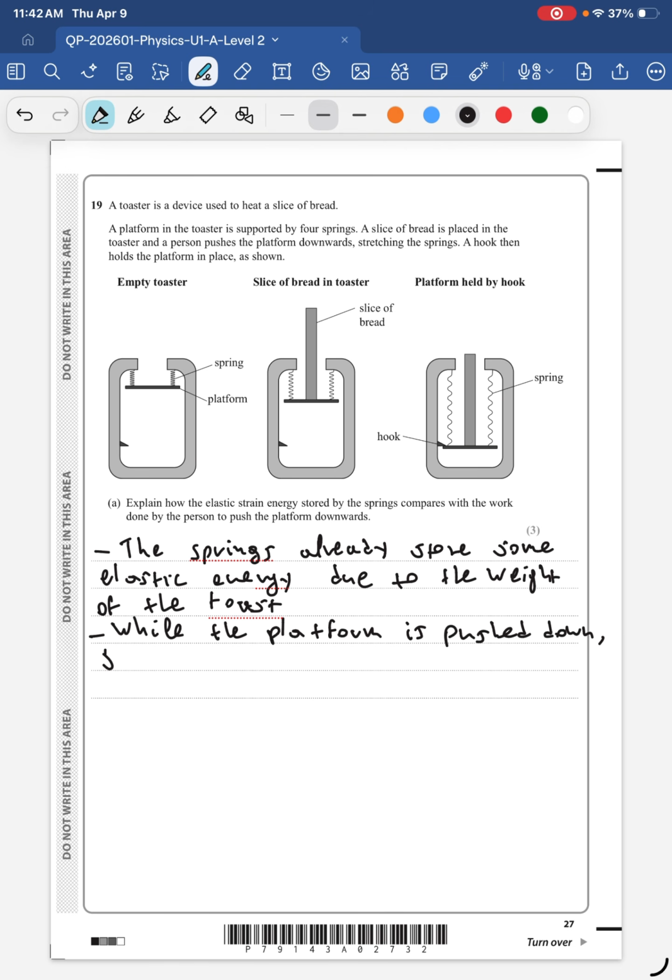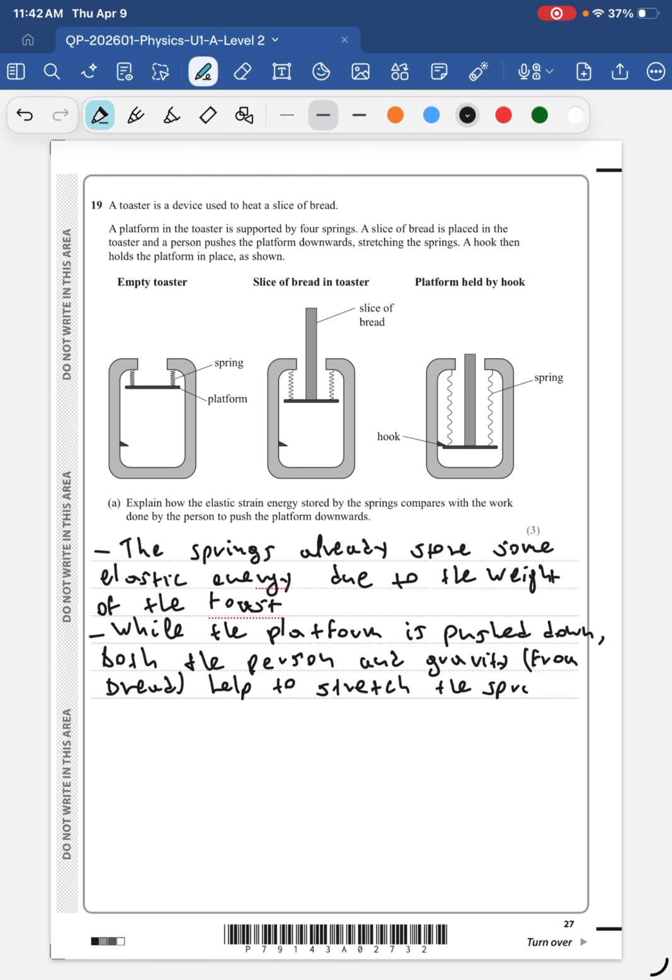both the person and gravity, and the gravity is from the bread, help to stretch the springs.